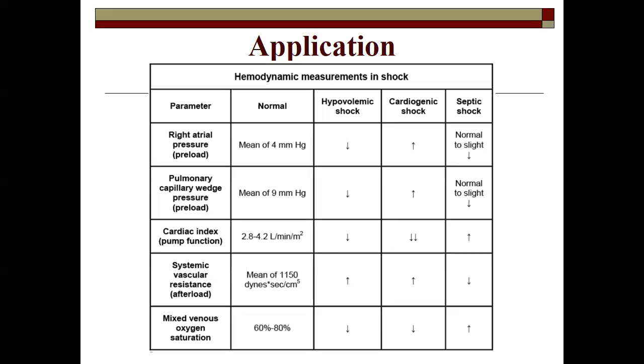Cardiac index, I mentioned it briefly, and like I said, I don't necessarily need you to know the calculation of cardiac index. Just know that normal cardiac index is 2.8 to 4.2 liters per minute per meter squared. That changes because it is the output accounting for the patient's body surface area. A patient with hypovolemic shock is going to have a low cardiac index because, again, low circulating volume.